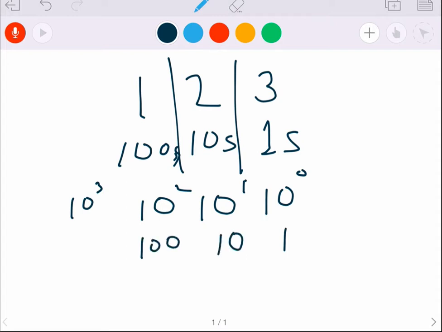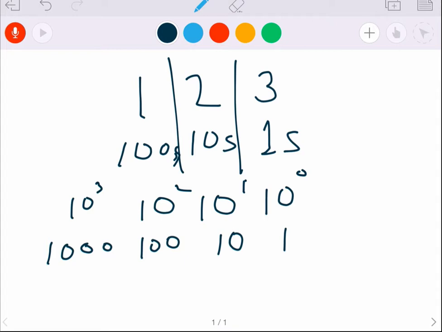So 10 times 10 is 100, 100 times 10 is 1,000, etc. Because basically 10 to the third is 10 to the second times another 10. So once you get the first two digits, you can go through and do that.